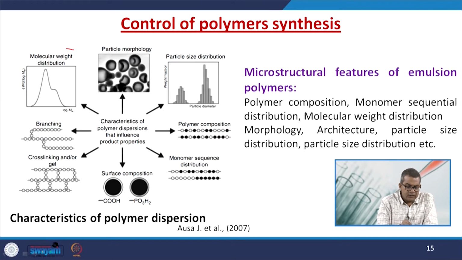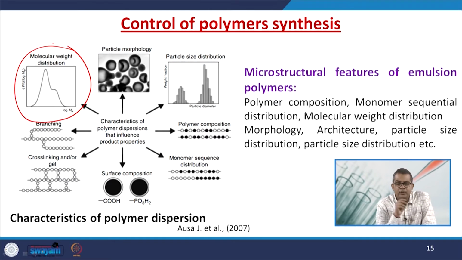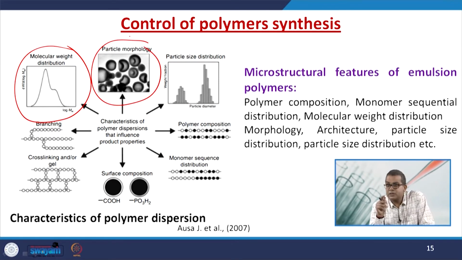You see that here we discussed the molecular weight distribution. Here you see the particle morphology, because not only the synthesis of the polymer particle is crucial, but also the size and other things, they play a very vital role for the further processability of those polymer particles.